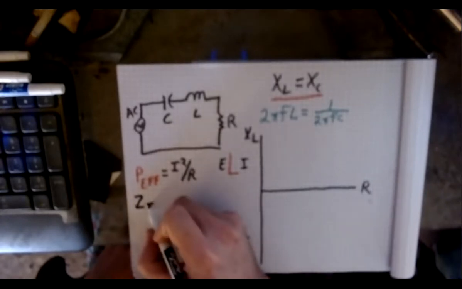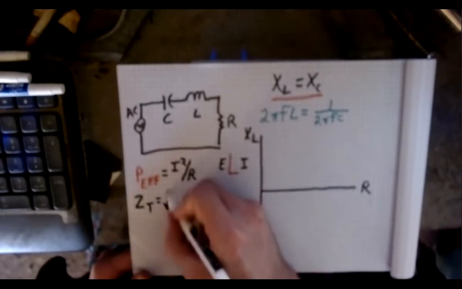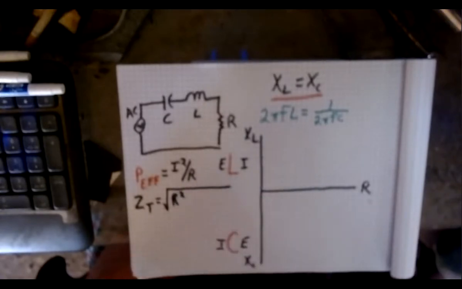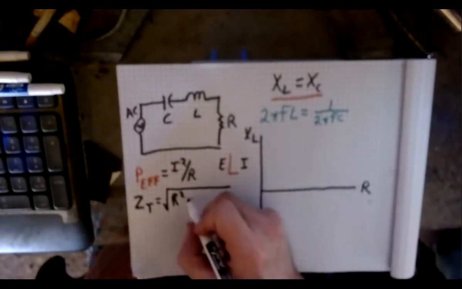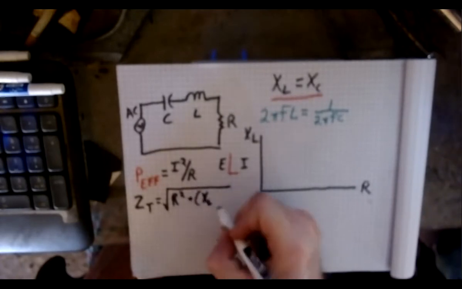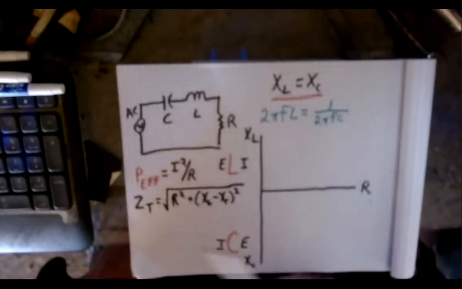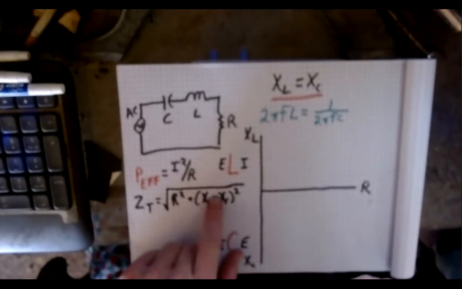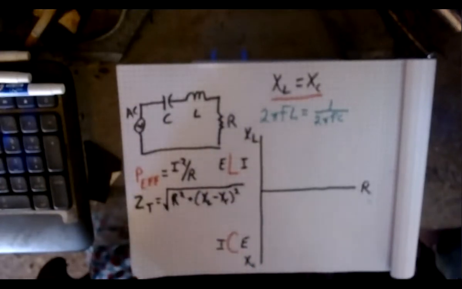My overall impedance for this circuit can be described as Z total, our total impedance, which is the square root of R squared plus the quantity X of L minus X of C, squared. Then we do the math and come out with our total impedance.